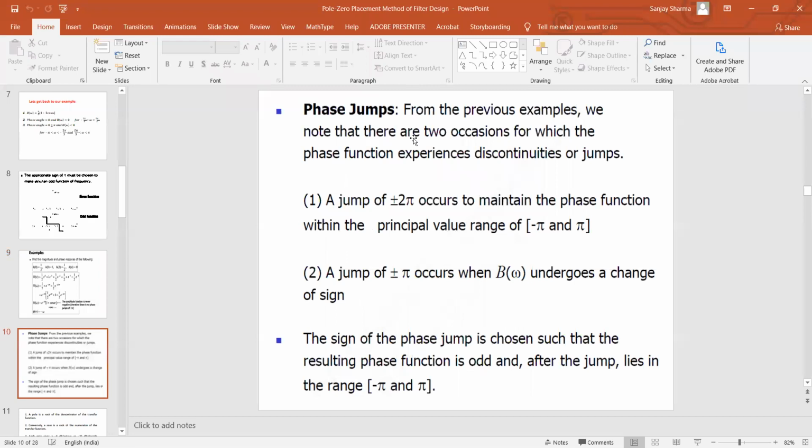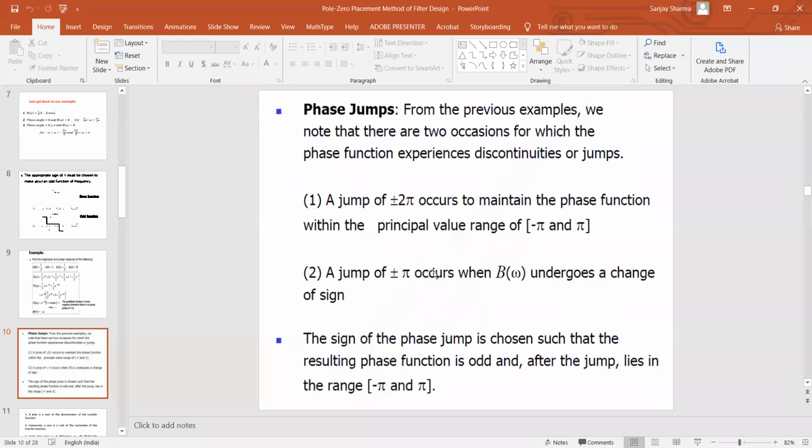From the previous examples, we note that there are two occasions for which the phase function experiences discontinuities or jumps. If you look at the second part first, which I have already discussed, a jump of plus or minus pi occurs when B omega undergoes a change of sign.